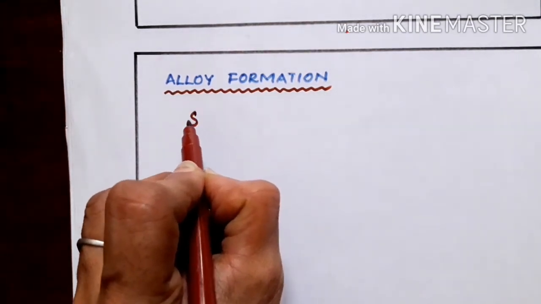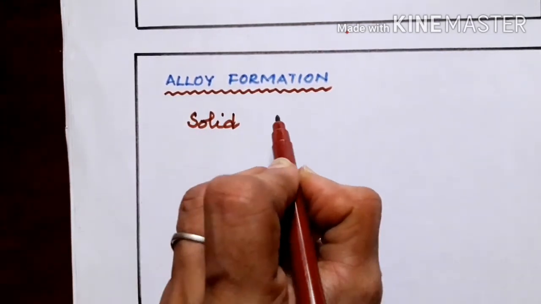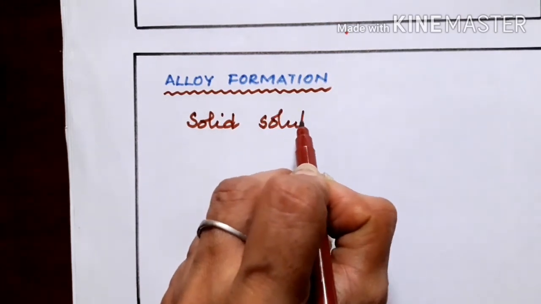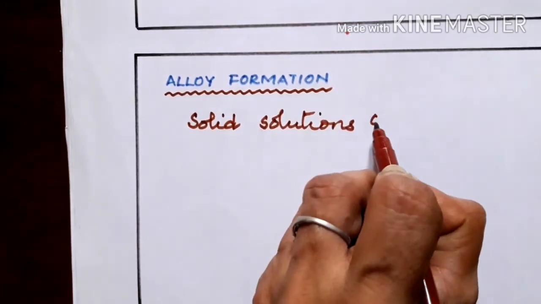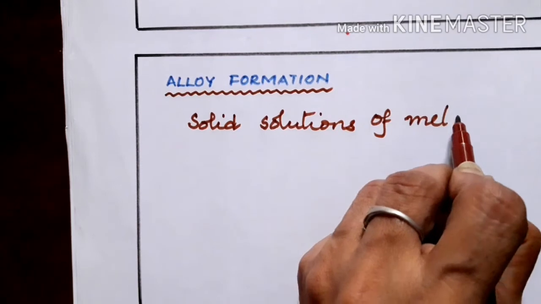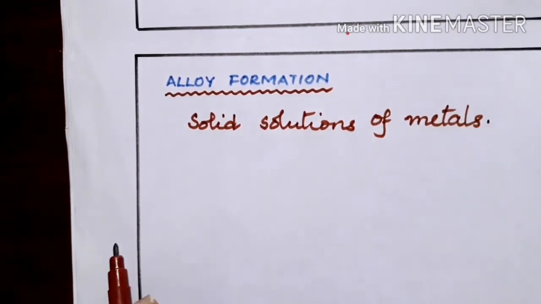D block elements are also involved in alloy formation. Now what do you mean by alloys? Alloys are solid solutions of metals. Now what do you understand by solid solution of metals?